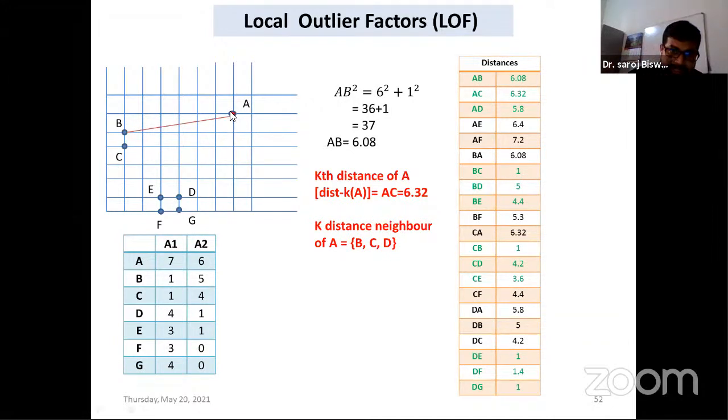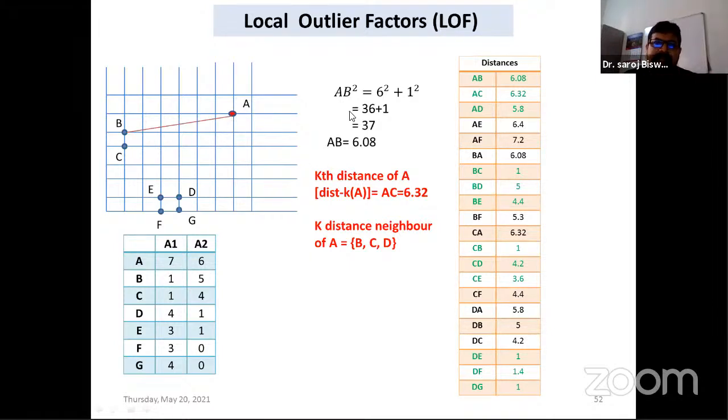If you see this point and you want to find 3 neighbors, then the neighbors would be B, C, and D. Because if you keep this one as the center and make a circle, the circle will come like this, like this, right? So within the circle, this is the center and the third distance would be the radius.